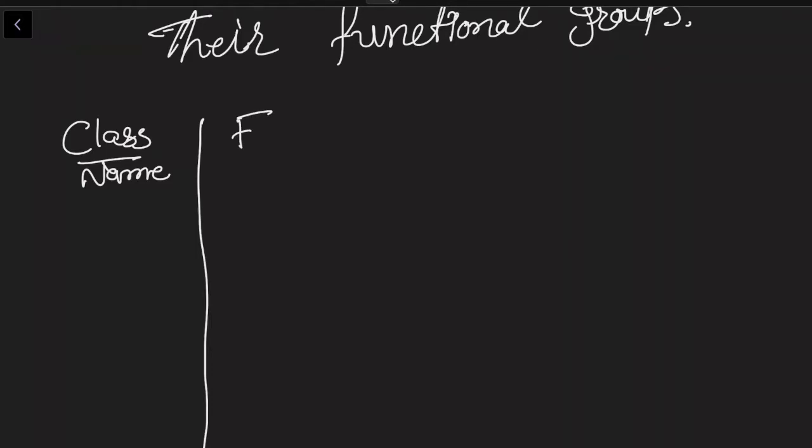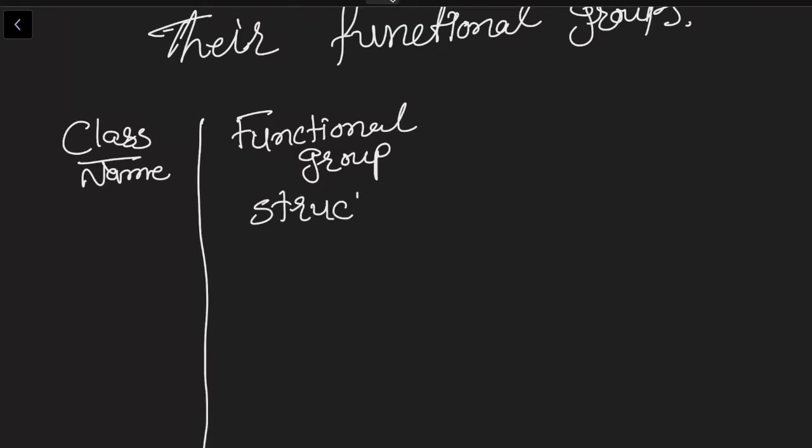A functional group is a representation of the atomic formation of it, like a periodic table representation with the bonding. Or, in another sense, you can say structure.